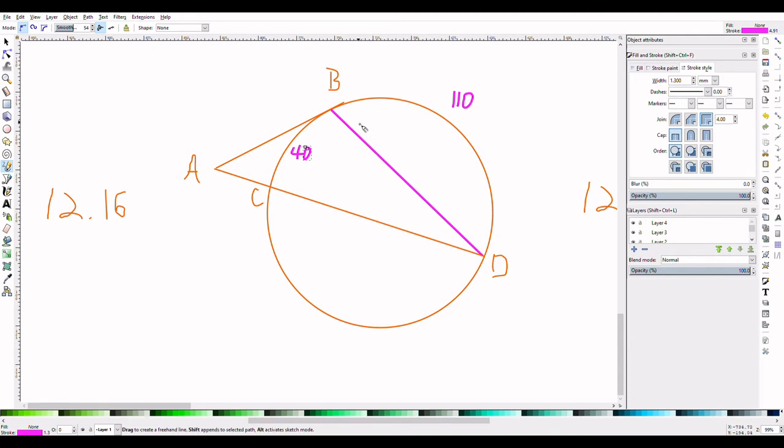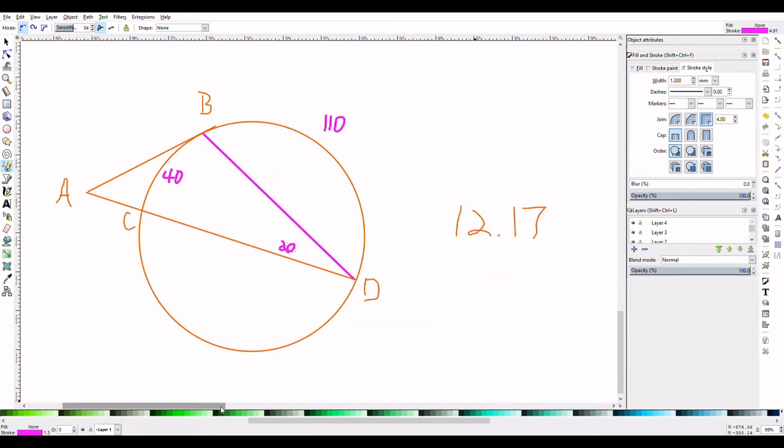So we know that BDC is 20. To find DBA, we use exactly the same method we used in 12.15. Unfortunately, that method will give us this angle here. And so we'll have to use that angle to find DBA.